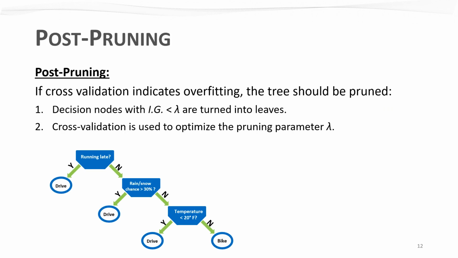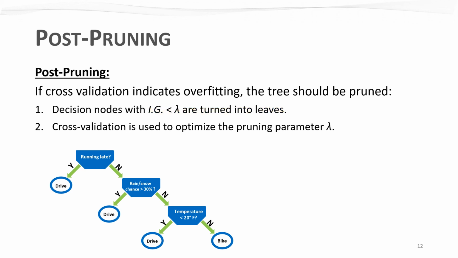Overfitting is a common problem in decision trees. If cross-validation indicates overfitting, the tree should be pruned. For post-pruning, we first construct the whole tree. Then, decision nodes with information gain that is too low are turned into leaves.